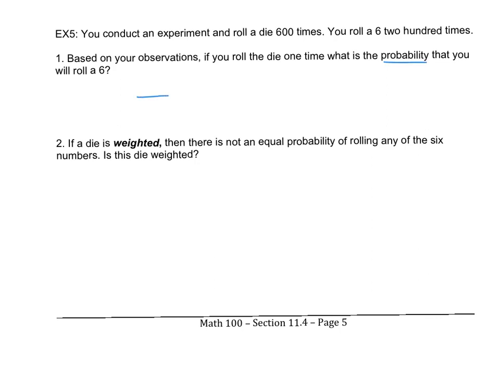I need my fraction. I rolled the die 600 times. So that's my denominator. The 6, which is my event, happened 200 times. So that's my numerator. This reduces to 1/3.